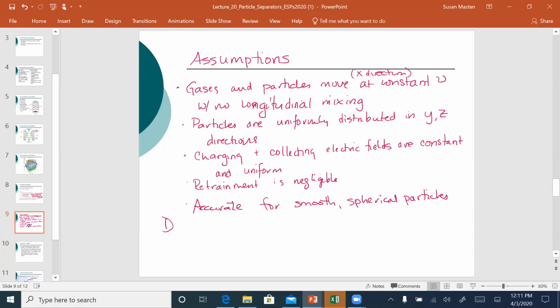This drift velocity is typically determined from pilot studies or from basically field experience with similar industries.